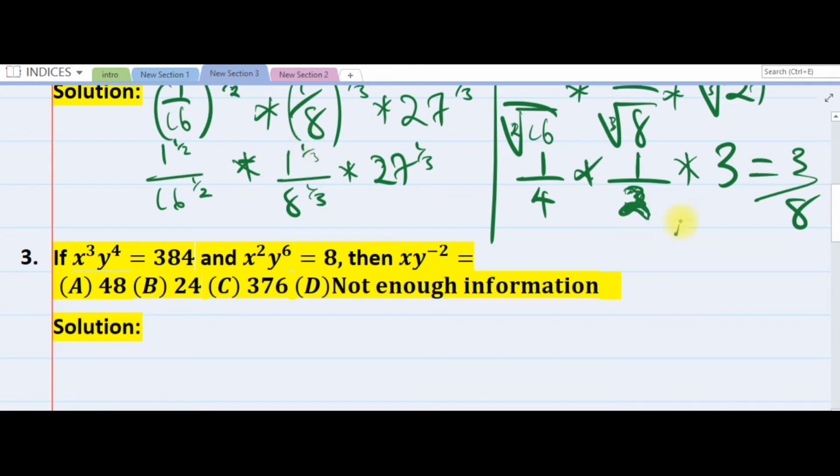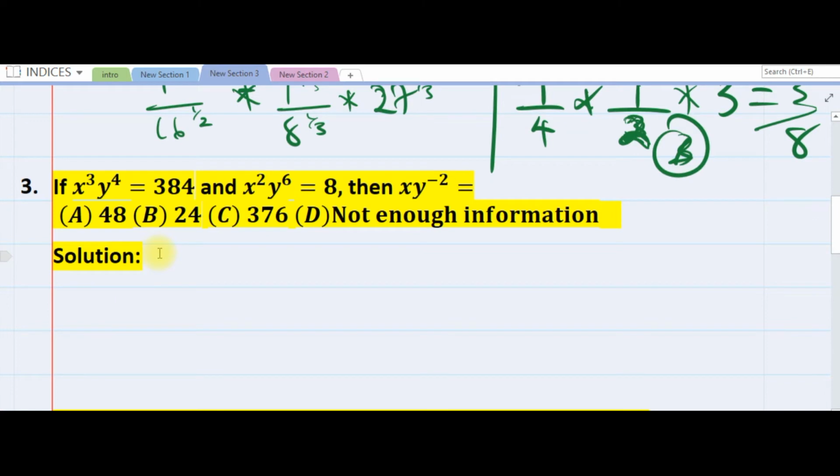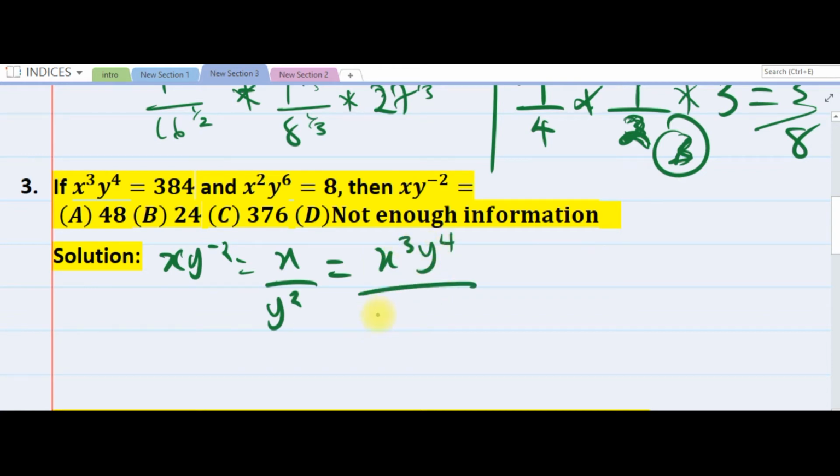So the next question, we are given that this equals that and that equals that, then we're asked to find xy raised to power minus 2. You notice that this xy raised to power minus 2 is the same thing as x over y squared. And if I divide, you notice that this is the same thing as x raised to power 3, y raised to power 4 over x squared y raised to power 6.